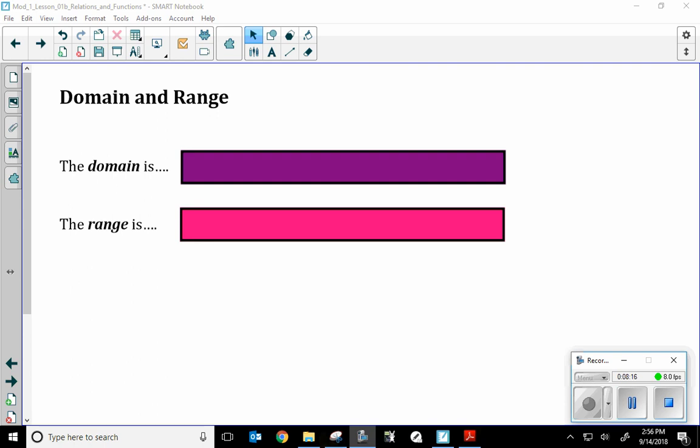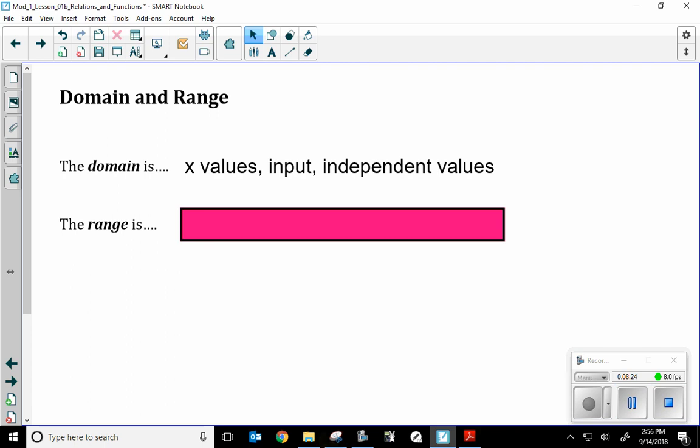Now enters domain and range. Okay, first let's recall what domain and range actually are. The domain, well, those reference the x values. They are the inputs. They are also called the independent value, because it doesn't matter what anything else is to the x. It's independent of everything else. It can be whatever it wants to be.